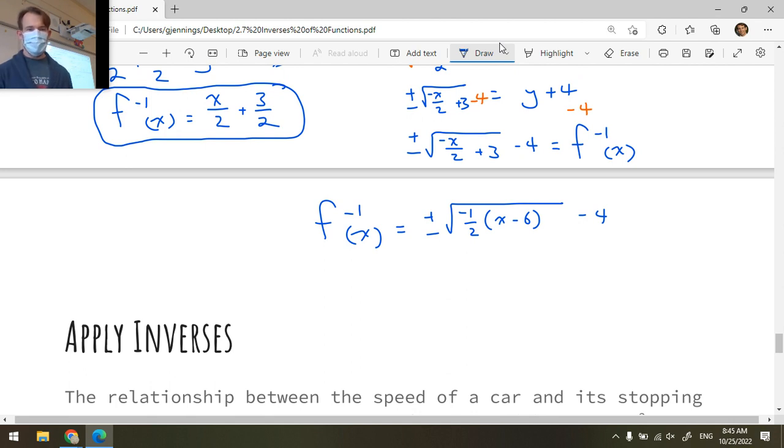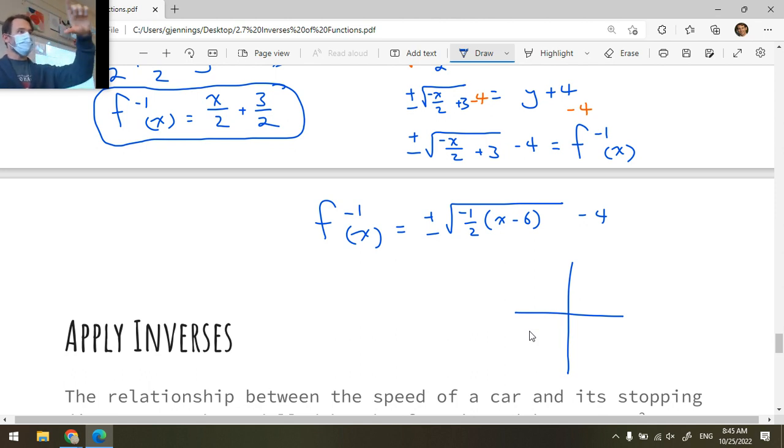So you have on your handouts the graph, and then you could also graph this function here. How would we graph that function? Well, I know that the square root of x is its parent function, but we have the positive and the negative component of it. So that's going to look like a parabola on its side. And then it starts at x is positive 6 and y is negative 4.